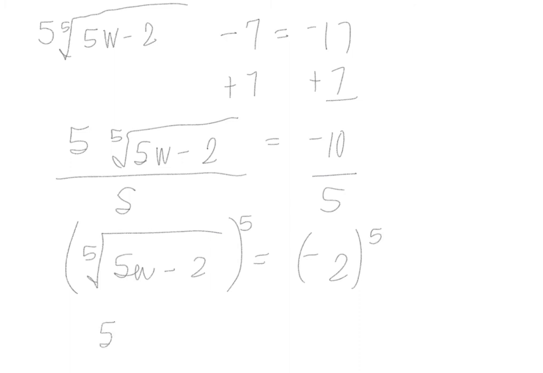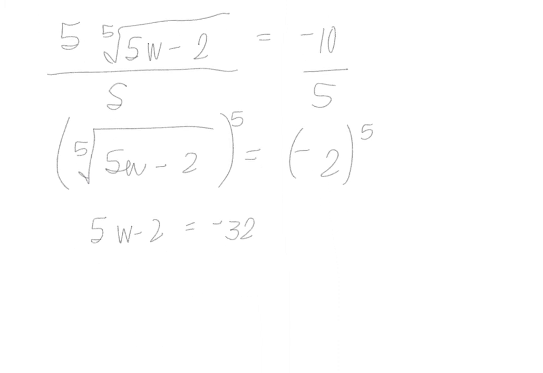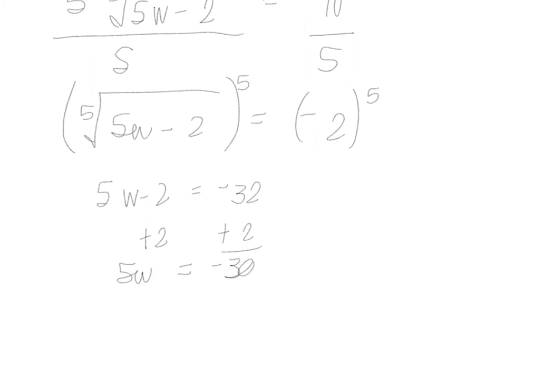So we're just left with 5w minus 2 equals negative 2 to the fifth power. Negative 2 multiplied by itself 5 times, but your calculator will do a fifth power for you. This is negative 32. So now this is great. It's negative 30 equals 5w. Divide by 5. You get w equals negative 6.